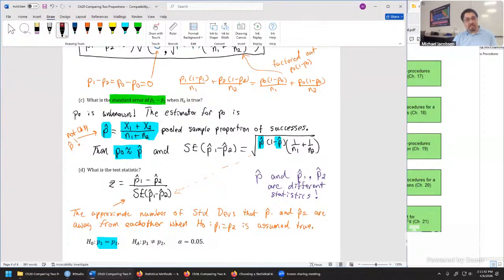So if that comes out as, say, 3 standard deviations, the test statistic z is something like 3.2. We have a lot of numerical evidence against the null hypothesis, evidence in favor of the alternative.